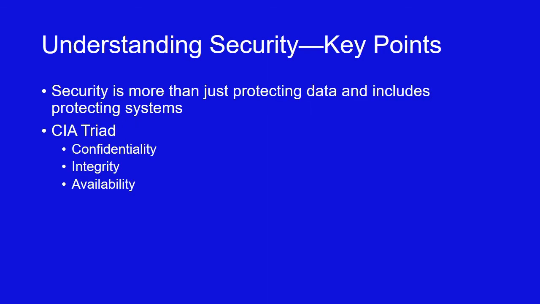Finally, security is not just about protecting data from malicious third parties. There are two other components, and this is sometimes known as the CIA triad, which focuses on confidentiality, integrity, and availability of data.